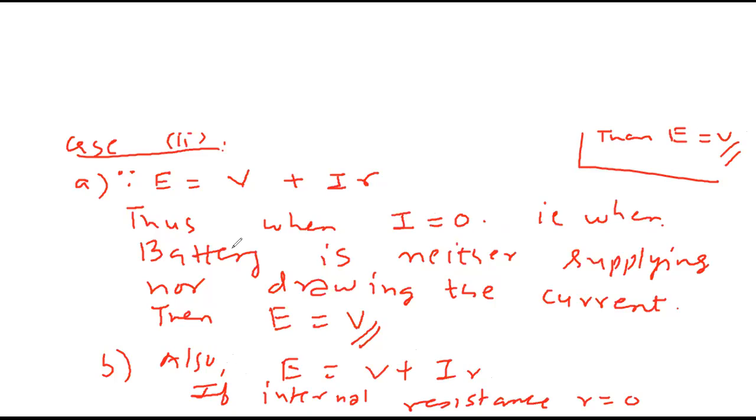When I is 0, that is battery is neither supplying nor drawing the current, also called as open circuit, then E equal to V. If internal resistance is 0, then also I can say E is V. Practically it is not true because the battery will have some resistance.